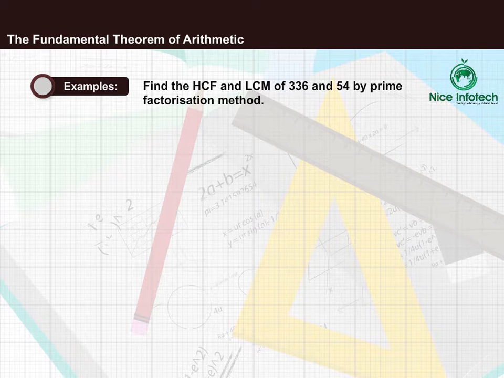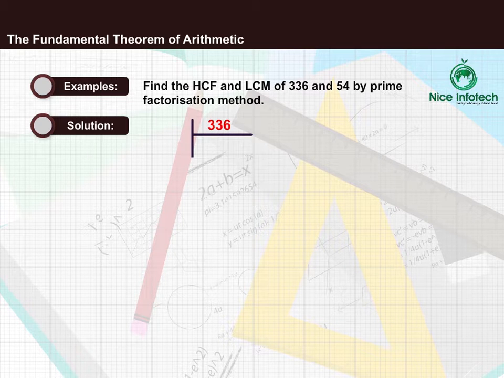Example 3. Find the HCF and LCM of 336 and 54 by prime factorization method. Solution. When 336 is divided by 3, we get 112.